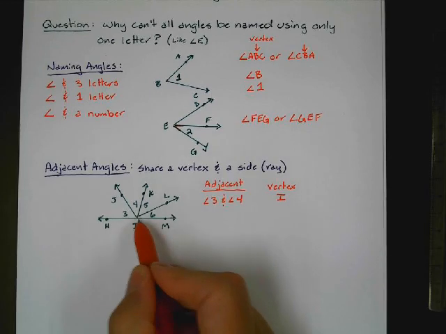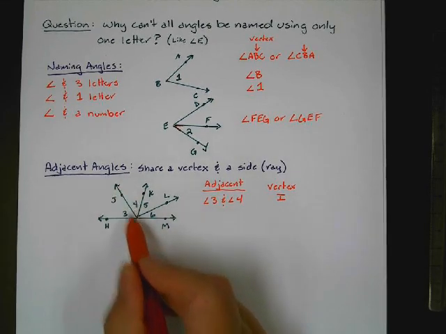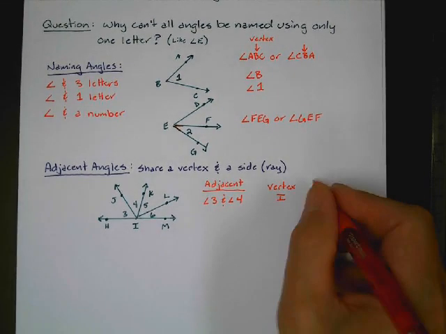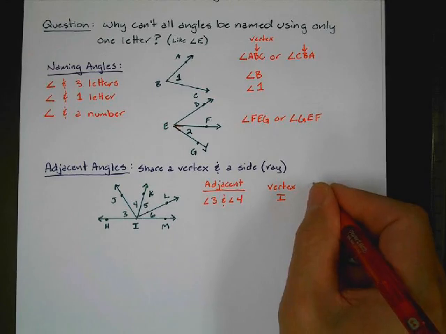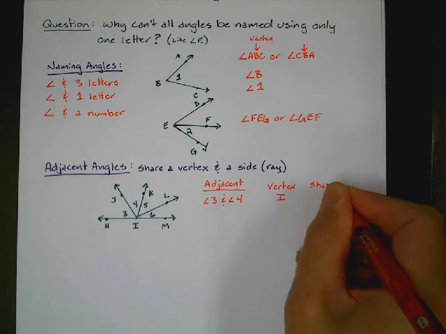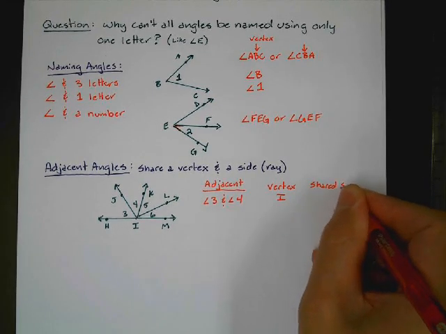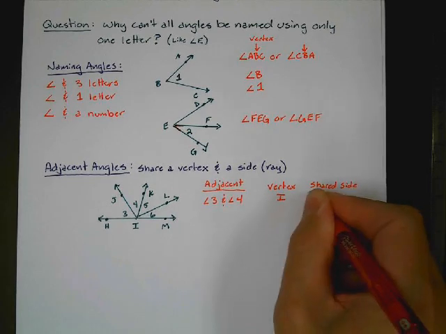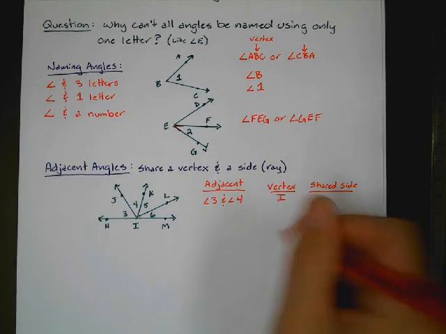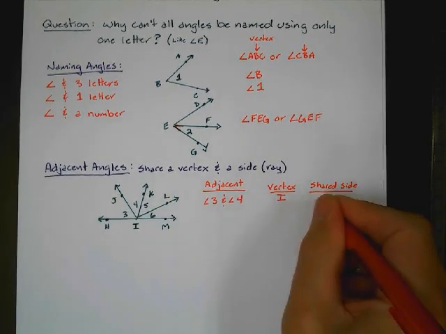So they have the same vertex, and they're sharing this middle ray. So basically, they're right next to each other. That's what adjacent means, is next to. So the shared side in this instance would be ray IJ.